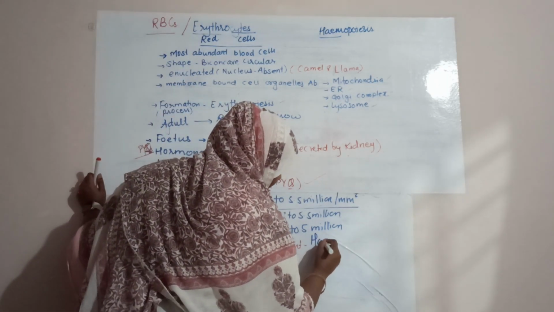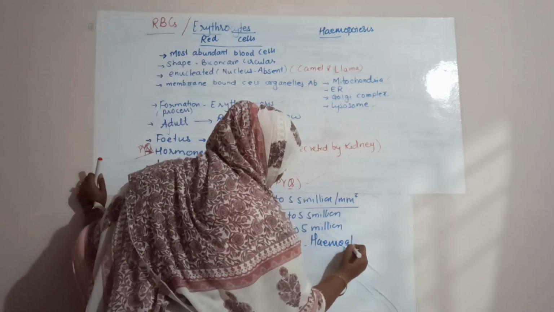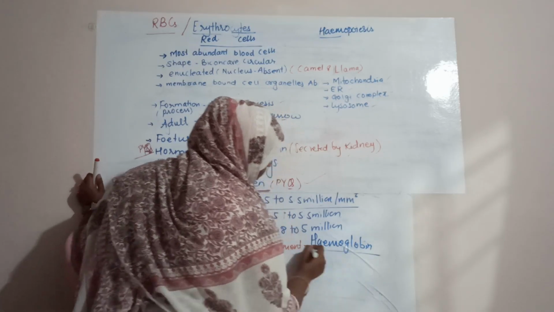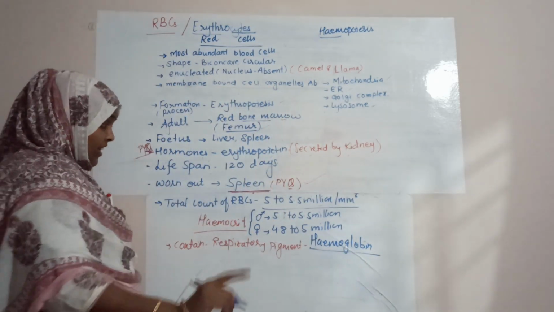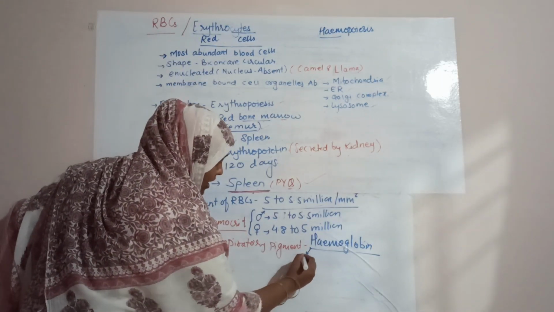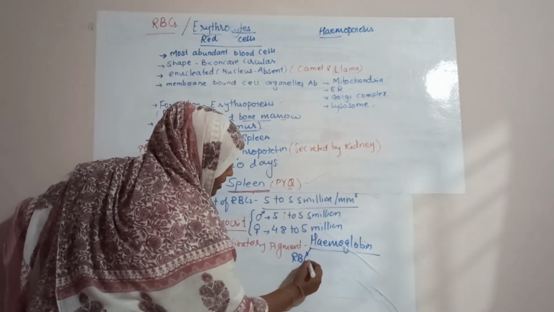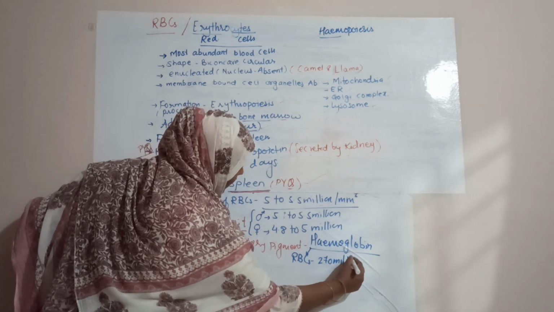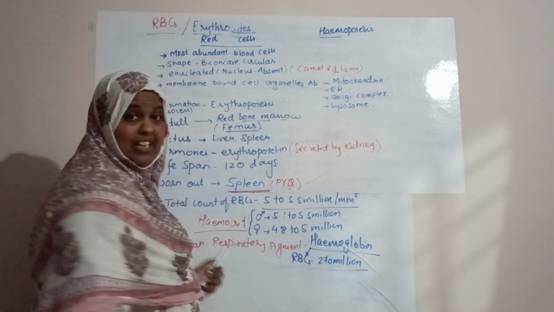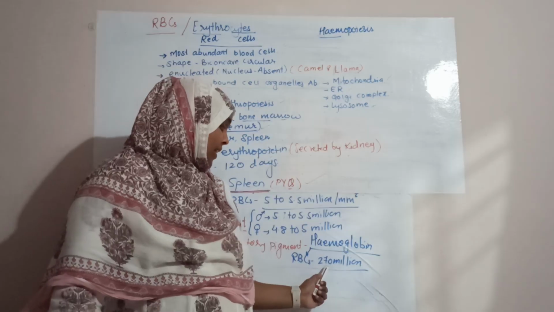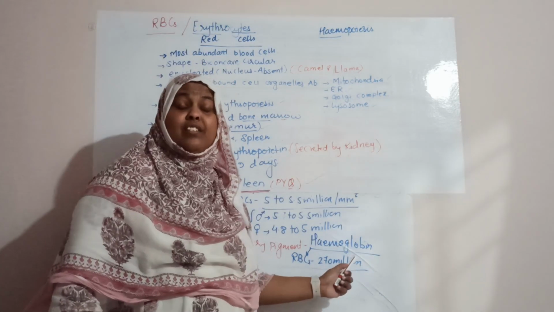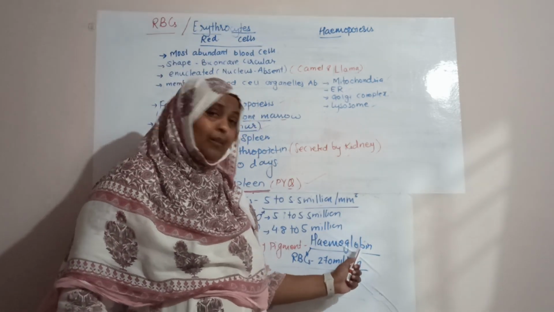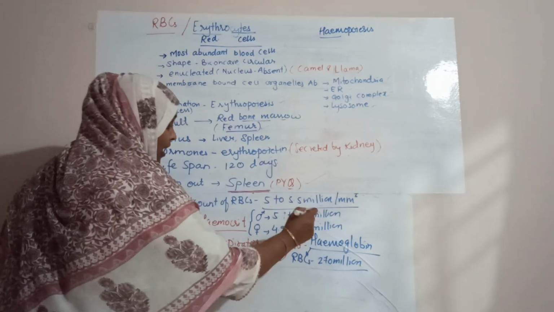Hemoglobin. In each RBC there are approximately 270 million hemoglobin molecules. 270 million hemoglobin is present.